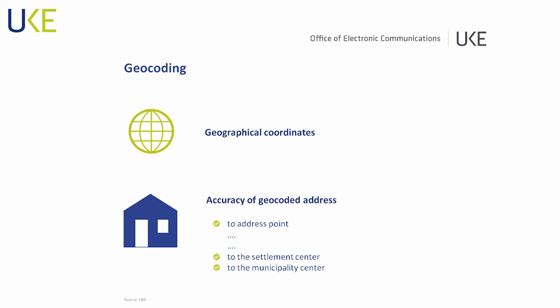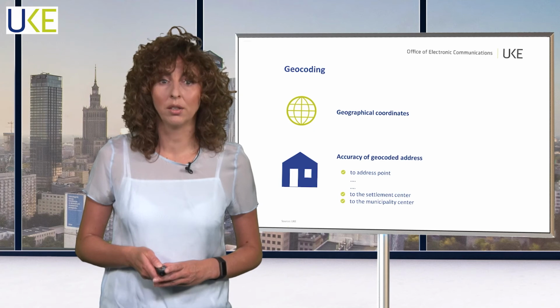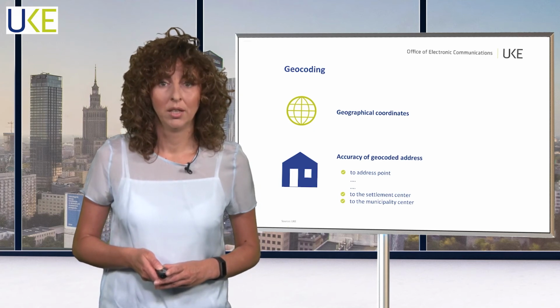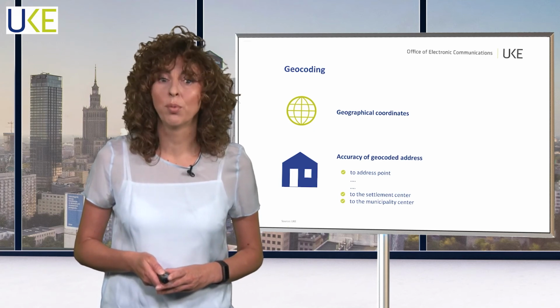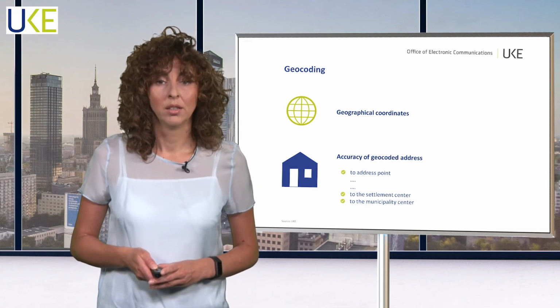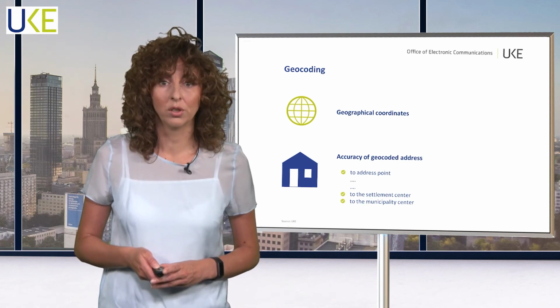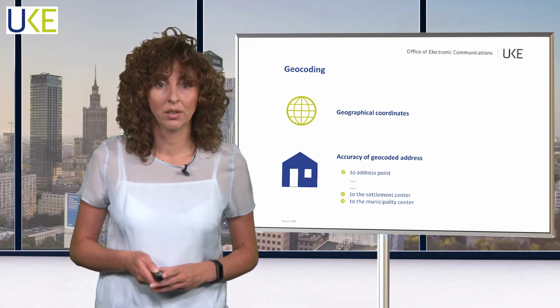Operators, based on the reference address database provided annually by the Office of Electronic Communication, usually provide a complete set of address data, both the address points and coordinates. Nevertheless, address points without coordinates are reported. That is why our department also carries out the geocoding process.